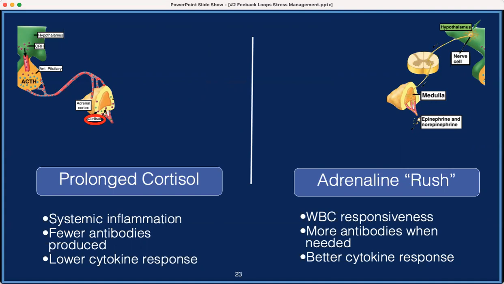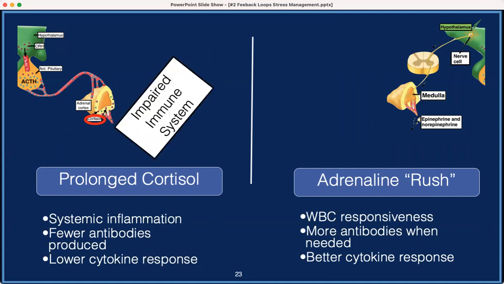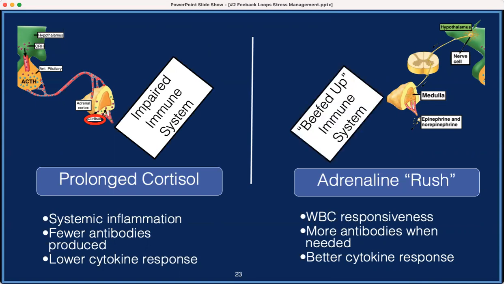Versus the acute stress, the adrenaline rush, where you actually see an improvement in your white blood cell responders. You get more antibody production and a better cytokine response. So basically, with prolonged worry, prolonged release of cortisol, you will get an impaired immune system, versus a beefed up immune system that results from this intermittent acute stress. And that is why I say, do something every day that scares you.